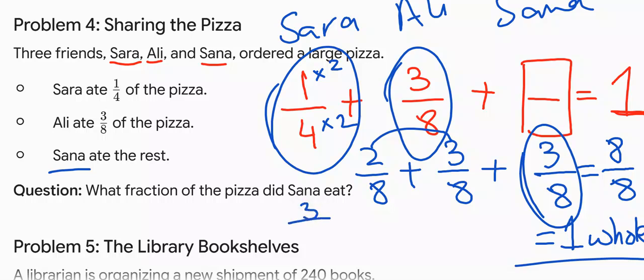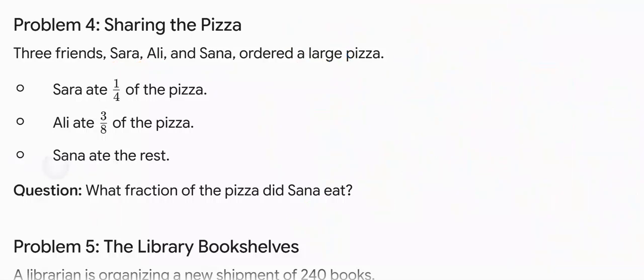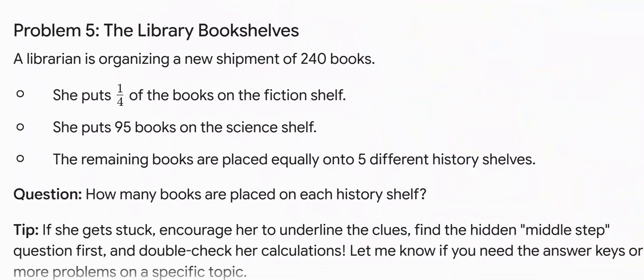Sana ate 3 slices out of 8. Ali also ate 3 slices out of 8. And Sarah ate 2 slices out of 8. They did a little bit of cheating with Sarah. Okay. Let's move on to question number 5.